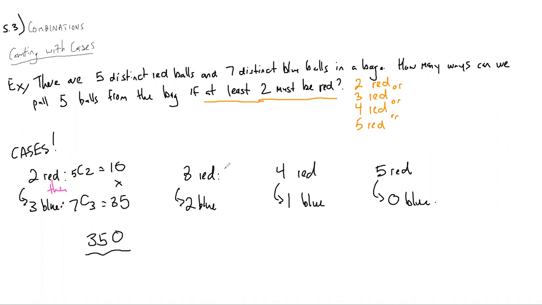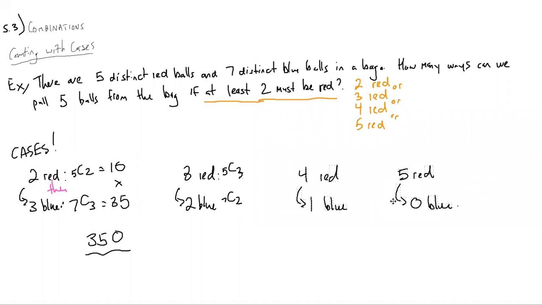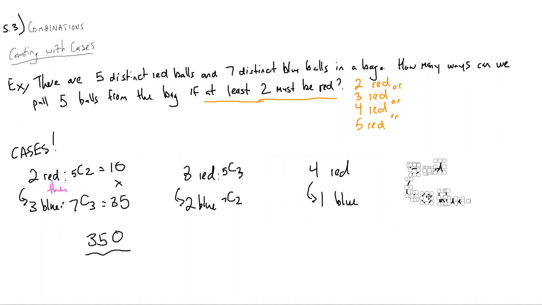So 2 red is going to be 5C2. It's 3 red, 7C2. That one should also be 10, and 7 choose 2 is 21.